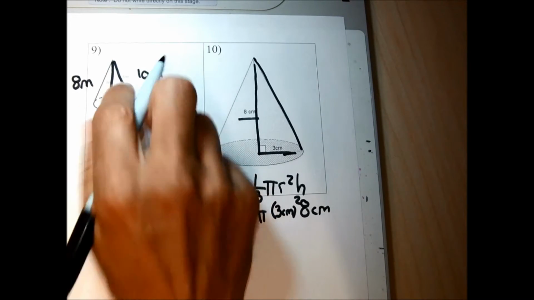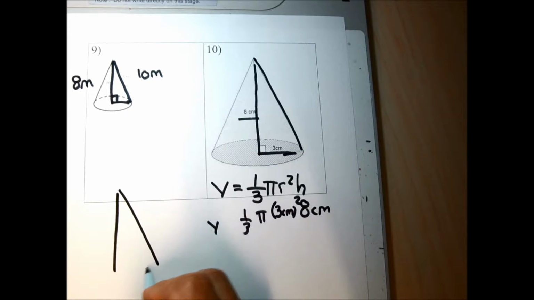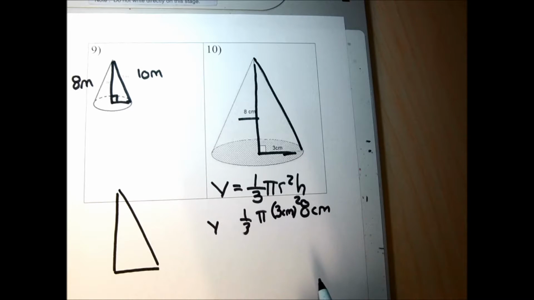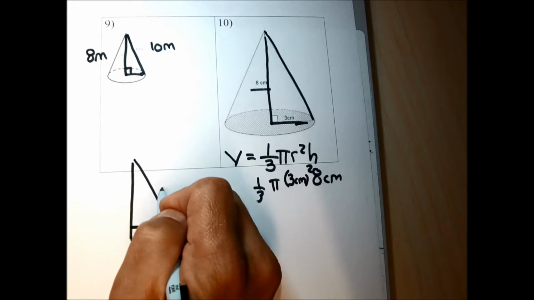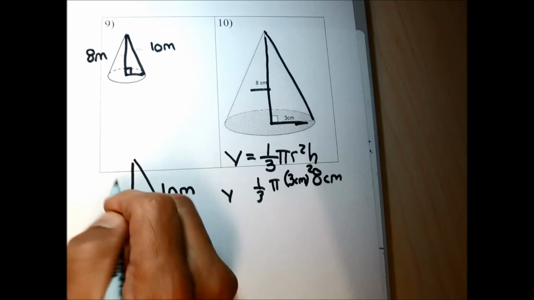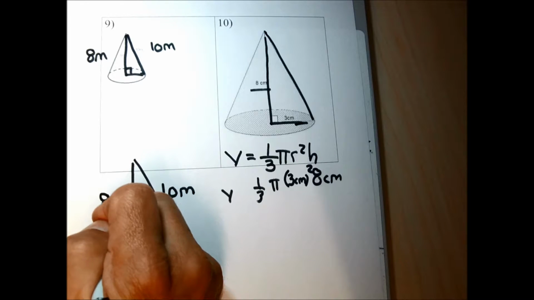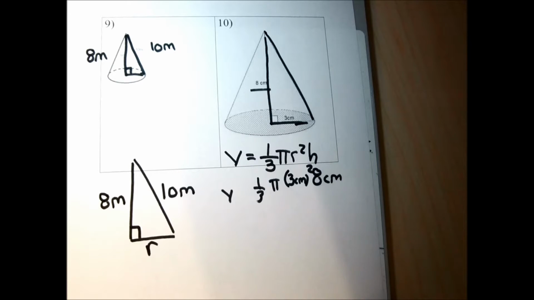If I take this cross section and blow it up, I gave you a right triangle that has a hypotenuse, or a C, of 10 meters, one side which I'll call a B, which is 8 meters, and your radius is the A from A squared plus B squared equals C squared.